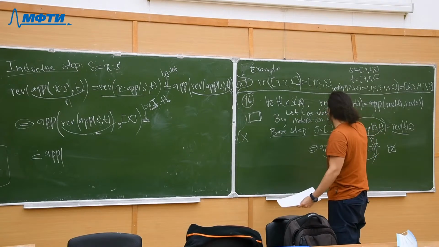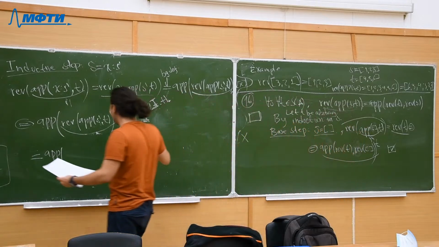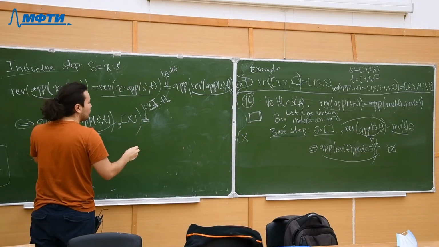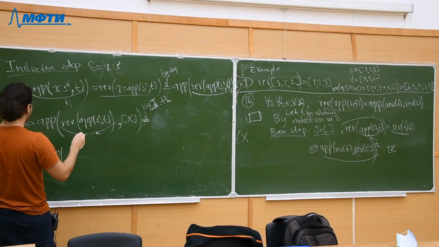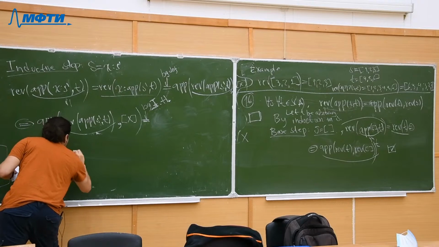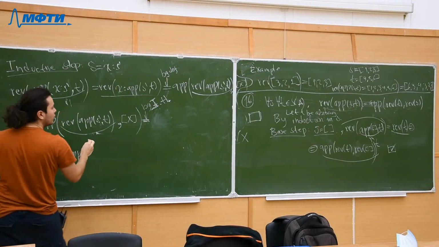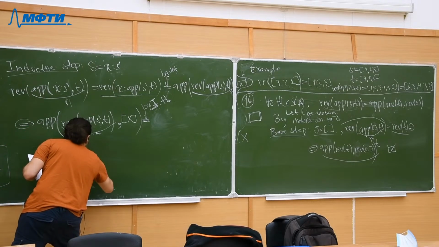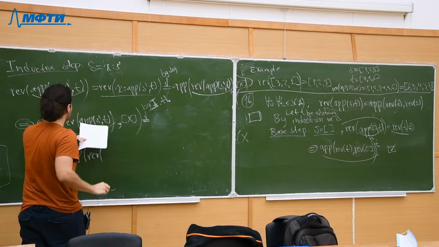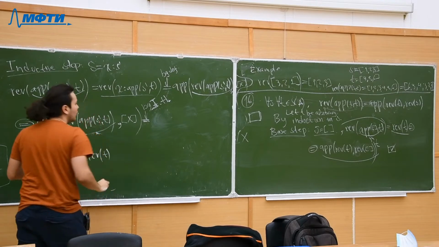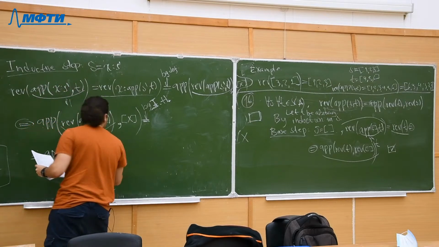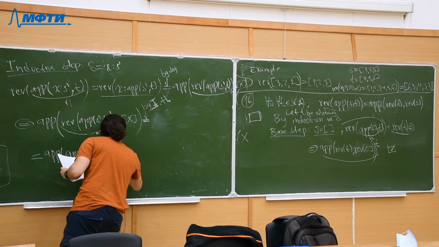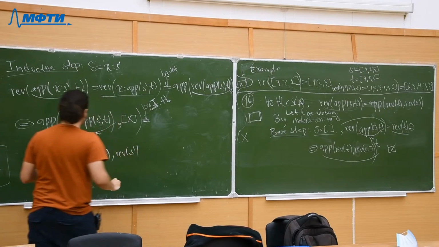Okay, so it was okay, but so we have to put then the app of the app of rep of t and the rep of s prime, right?